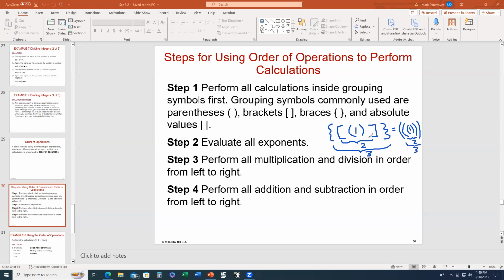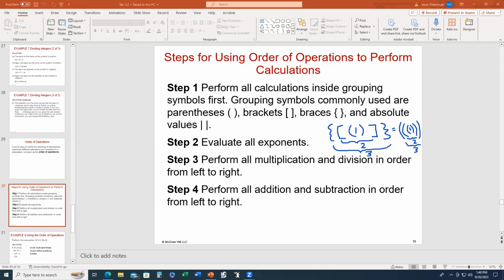That's still the order that we would pursue, same as if we had parentheses, brackets, and braces. So why do they have brackets and braces? Well, here's why. When you have a nested grouping situation, it's nice to use brackets and braces in addition to parentheses because it throws up a flag and reminds us that we have a nested grouping situation. That's why they use the different grouping symbols to emphasize that fact.